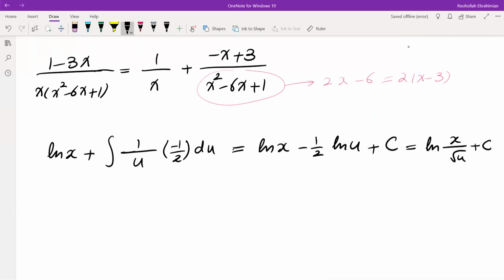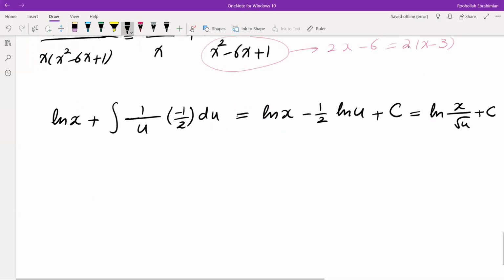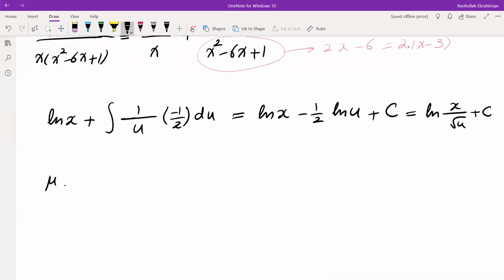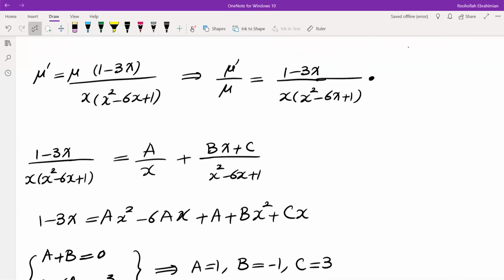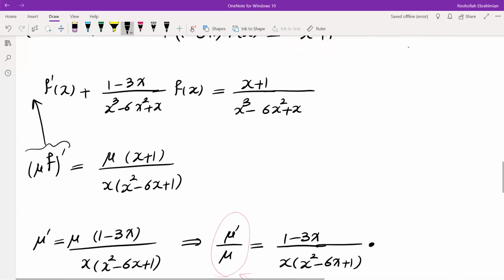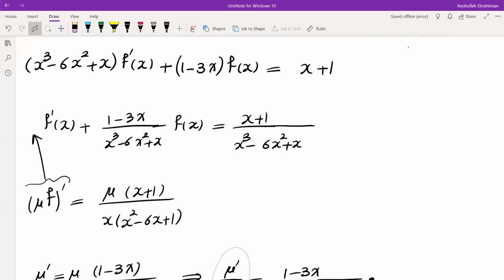Perfect. So that's nice because we are able to find mu here. So mu would be x over x squared minus 6x plus 1 to the power of 1/2. Remember that the integral of the left-hand side is natural log of mu. So mu would be that, which means I can actually solve this differential equation.